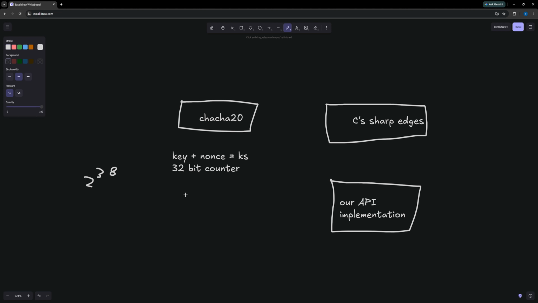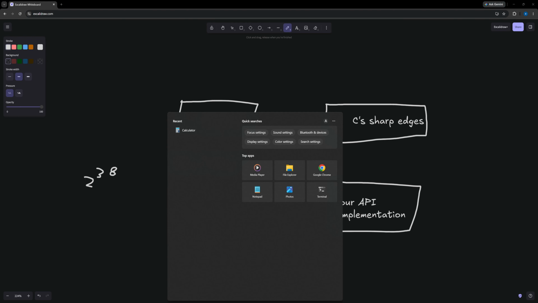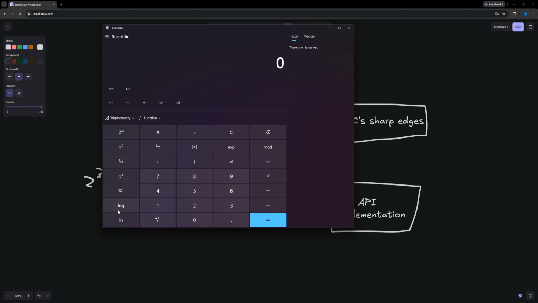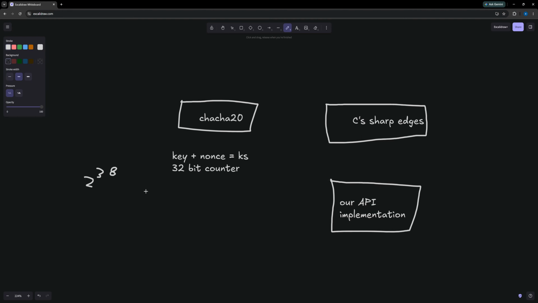And that is a large number. So that's 256 gigabytes, kilo, mega, giga.